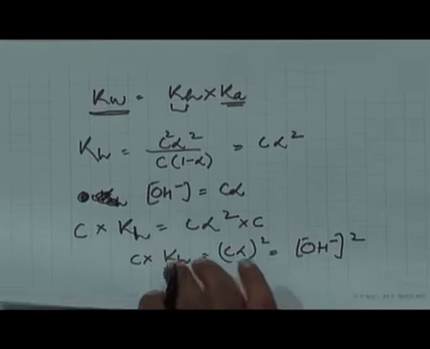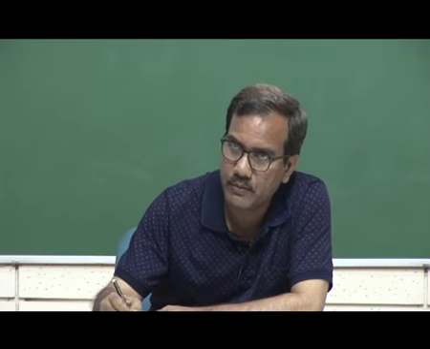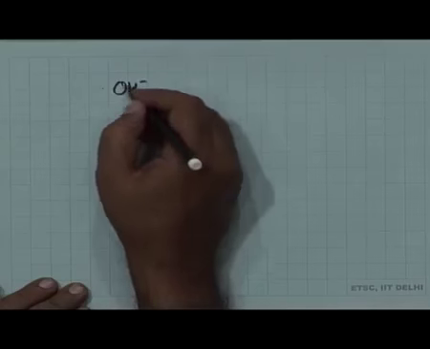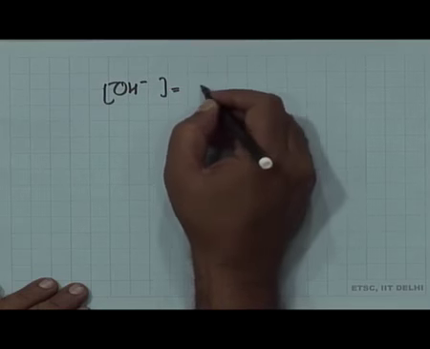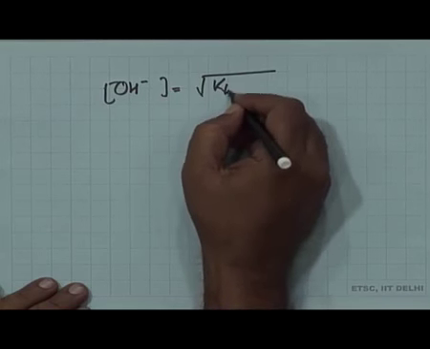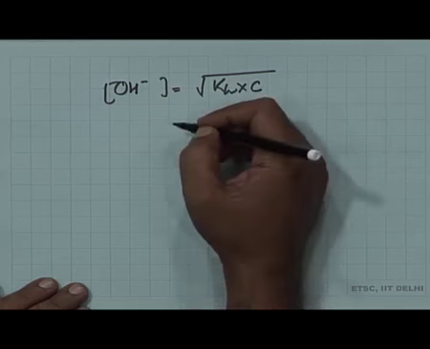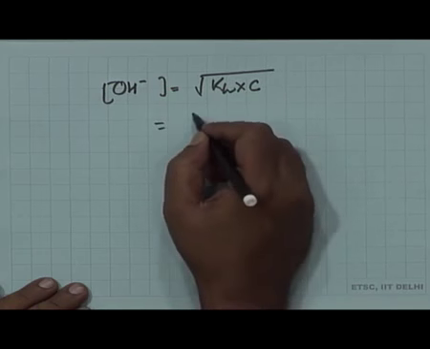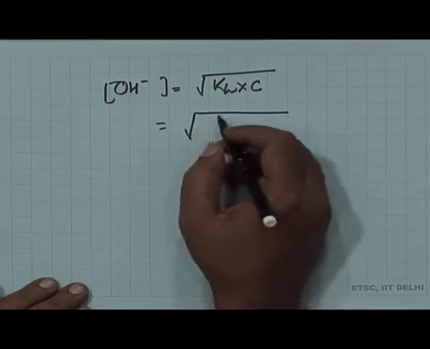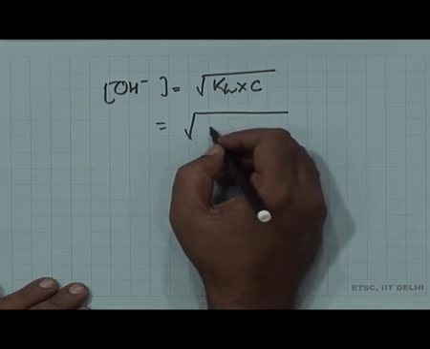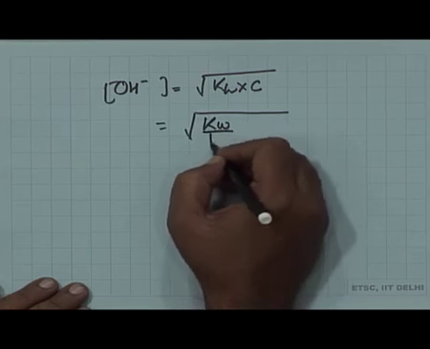And so the OH minus concentration is equal to the square root of Kh into C, and Kh we already calculated: Kh is equal to Kw by Ka.